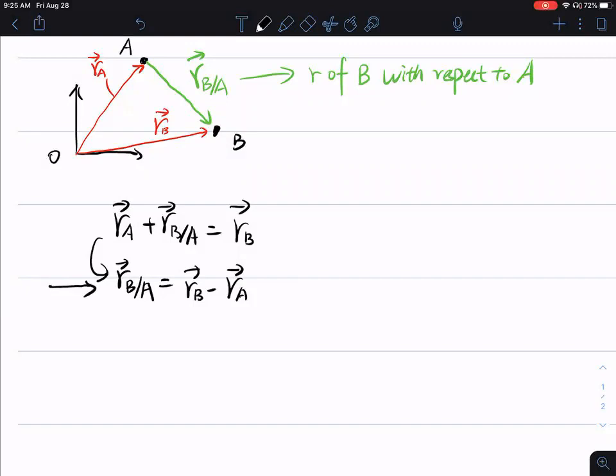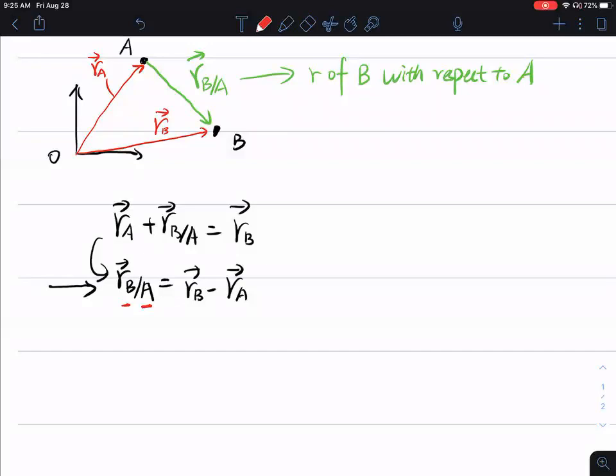And here, I want you to pay extra attention to my notation. Since here I have RB/A, B is first and A is second. That's why inside of this calculation you have B first and A second. That's very important since here's a minus sign.